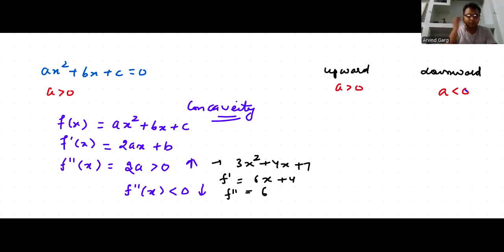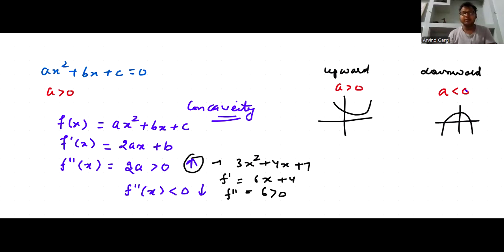So what does that mean? This is greater than 0, so the concavity is upward. Okay. So concavity upward means that the parabola is something like this. For the downward, we can say this type of parabola. So this is the concavity. But here we haven't decided till now in which quadrant we are, what the vertex is, meaning where it touches. So now let us discuss that also.